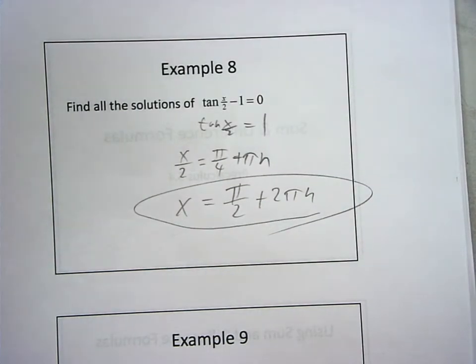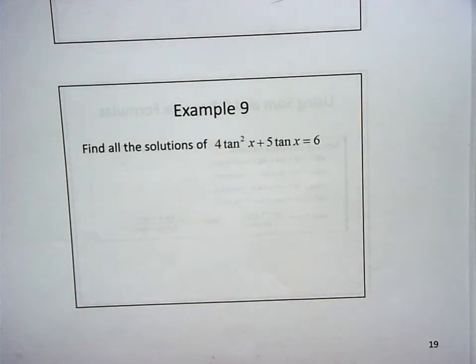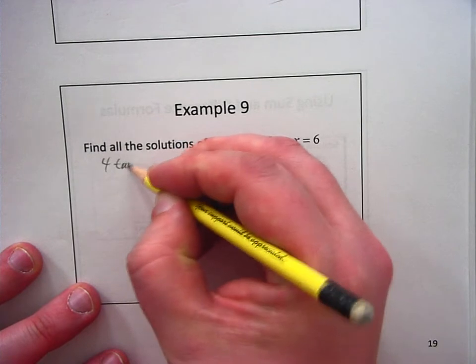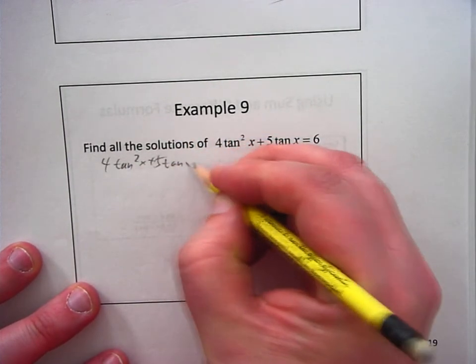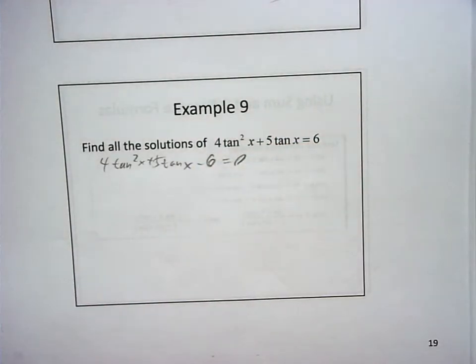Okay. One more. 4 tangent squared x plus 5 tangent of x equals 6. Subtract the 6. Then factor it.